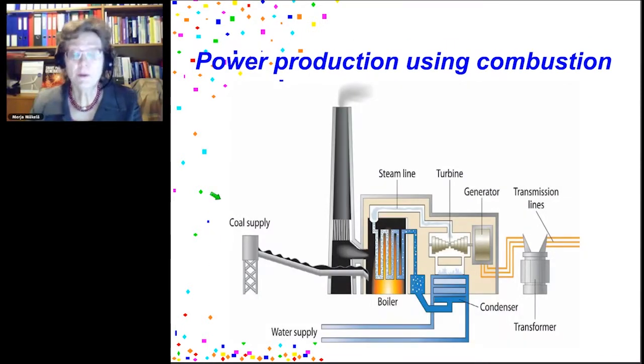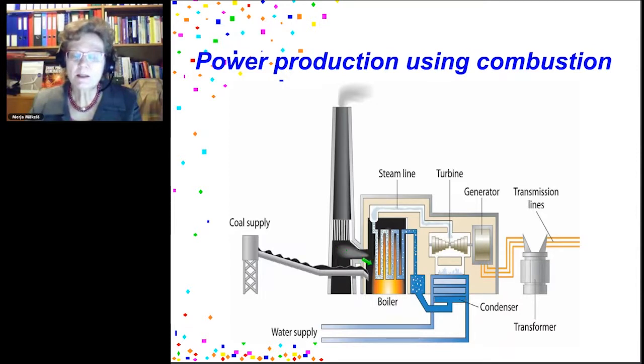In the figure, you see a combusting power plant. Fuel, in this case coal, is taken to the furnace. There it's burning. It produces heat, but it also makes flue gases with harmful and toxic emissions.